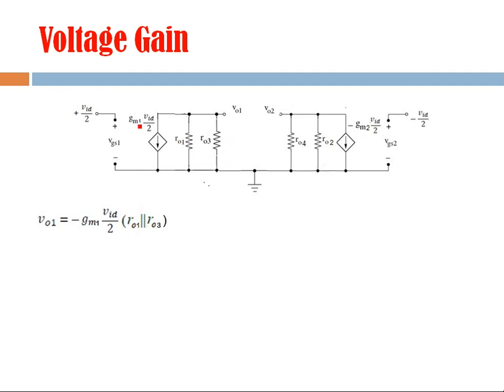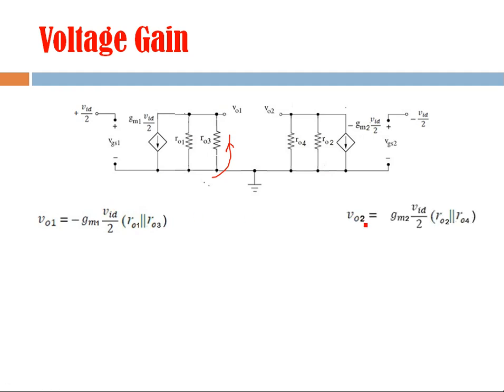So the current is GM1 into VID by 2 multiplied by net resistance, meaning the parallel combination of these two resistances. And this voltage is negative because the current is going like this. So this terminal is at higher potential as compared to this. It means this voltage is a negative voltage.